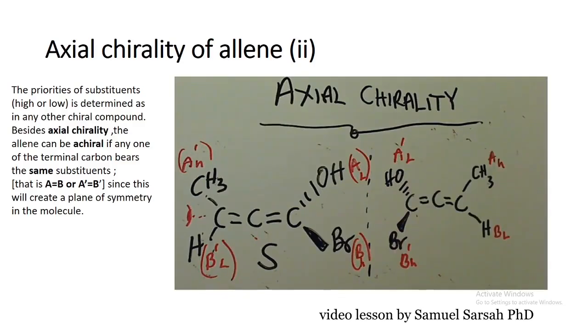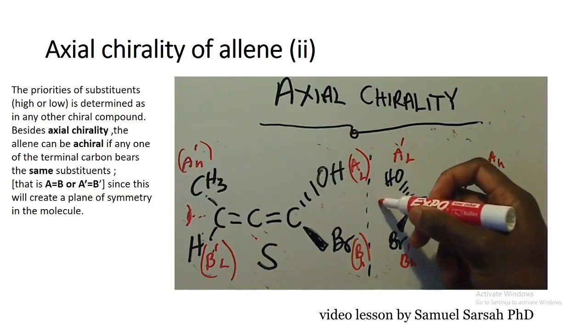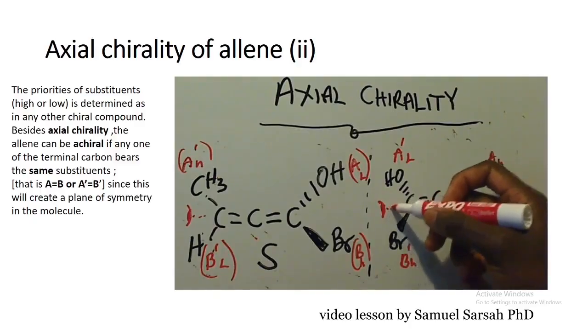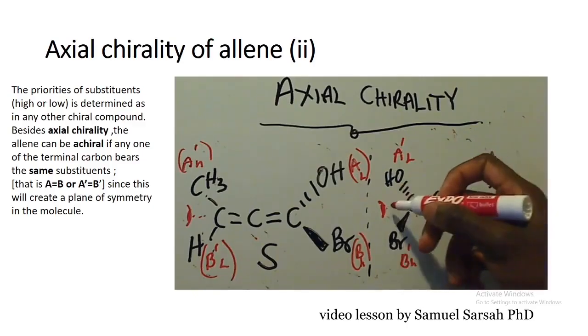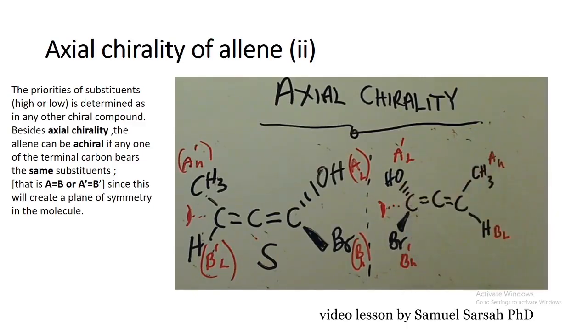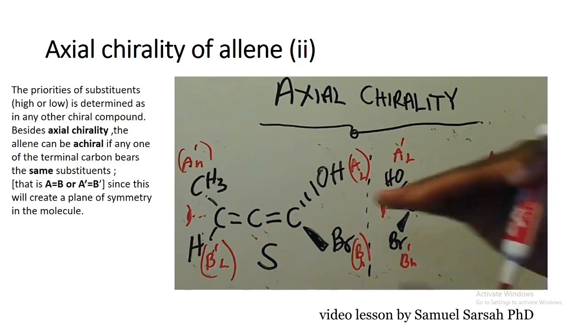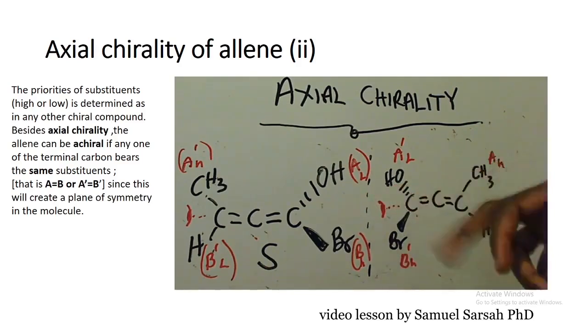So I'm going to assume that in this situation I'm looking at the molecule from here. Okay, so if I look at the molecule from here, I will see OH and the Br first. So this is pointing in and out, or this is pointing up and down.